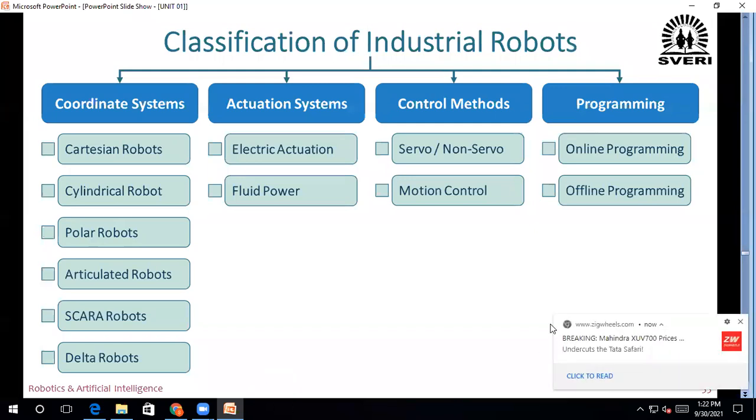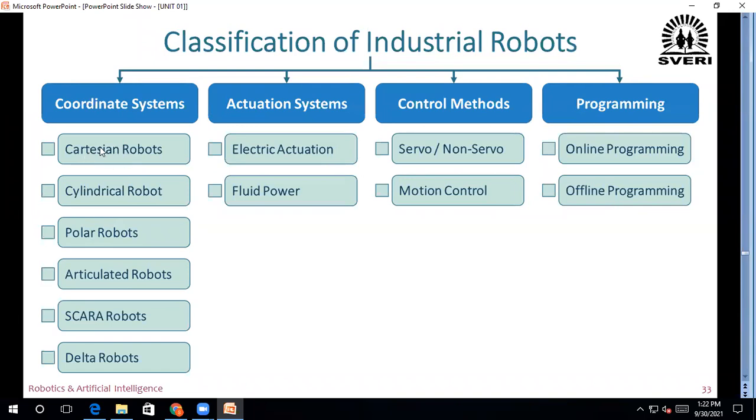Therefore, robots are classified into four major categories: coordinate system, actuation system, control system, and programming method. In the coordinate system, we have Cartesian robots and cylindrical robots.